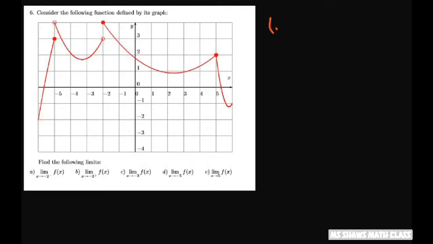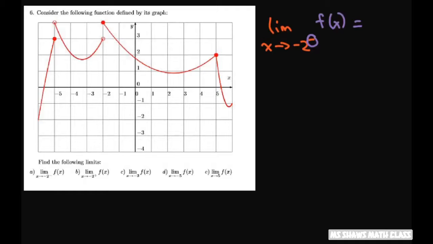This is read the limit as x approaches -2 from the left. So this negative here means from the left of f of x. Or you can say the limit of f of x as x approaches -2 from the left. So let's find -2.